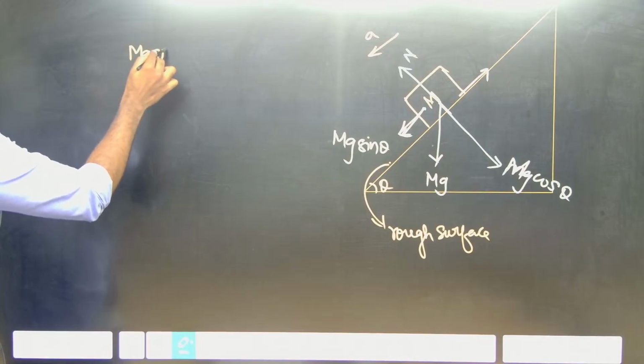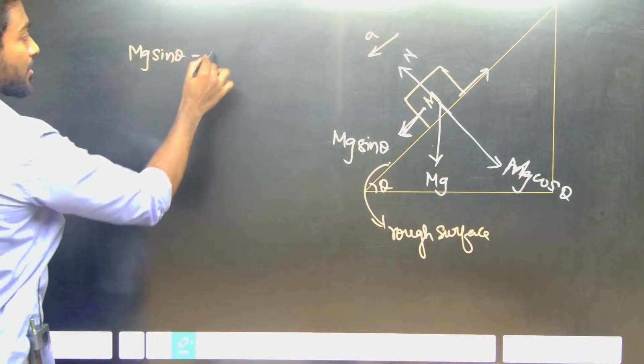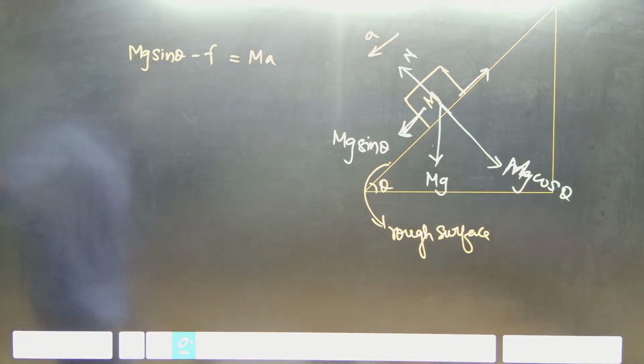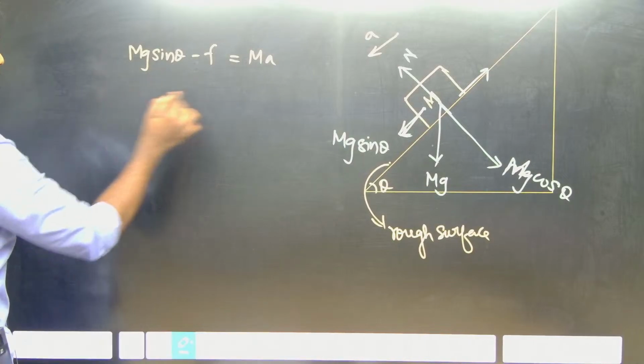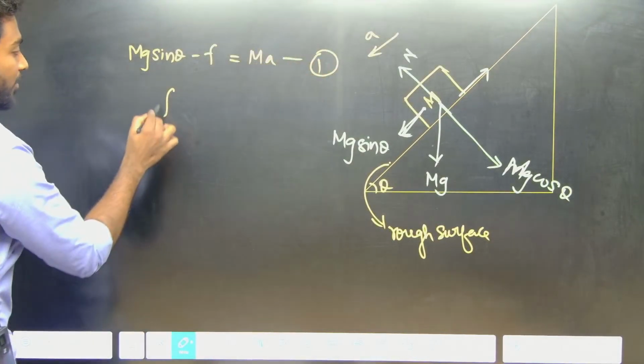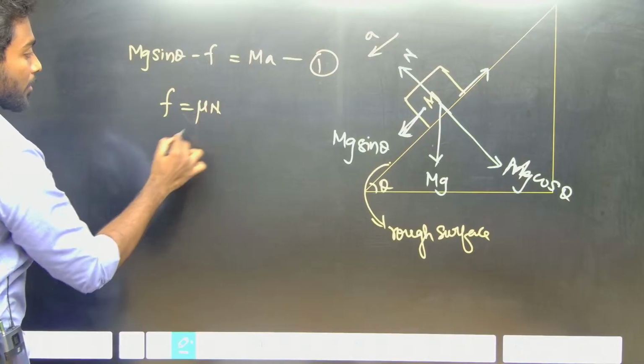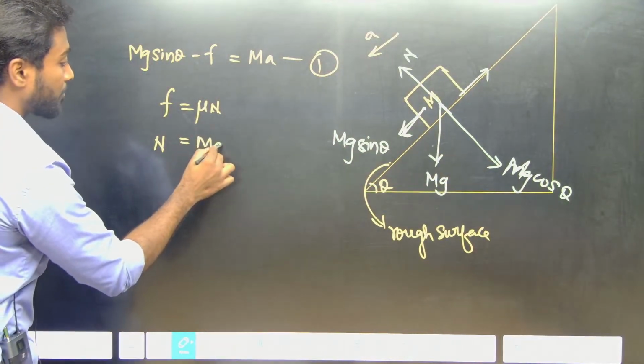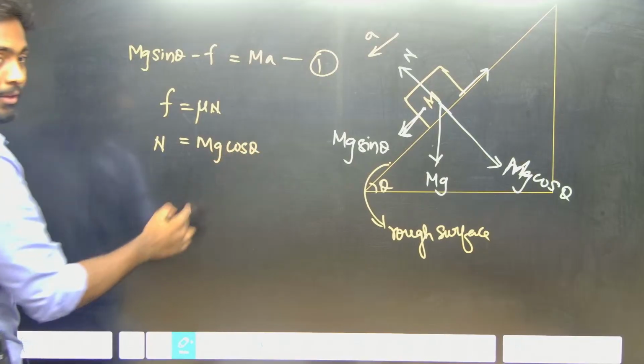mg sin theta minus F will be equals to mass into acceleration. Got it? So this is equation number 1. What is F? F is equals to mu into N. N is nothing but mg cos theta, I will substitute here.